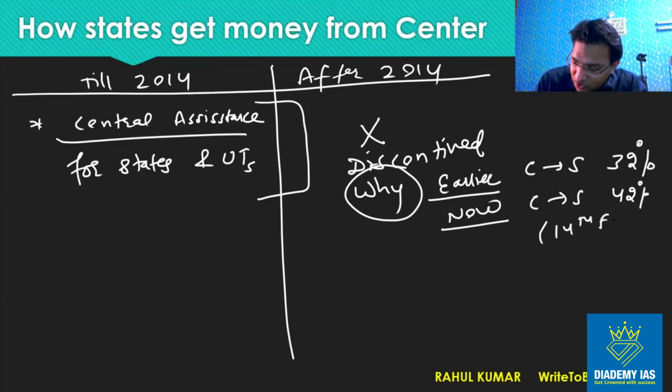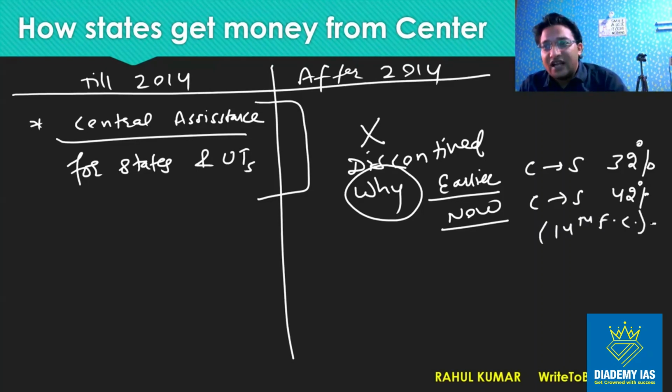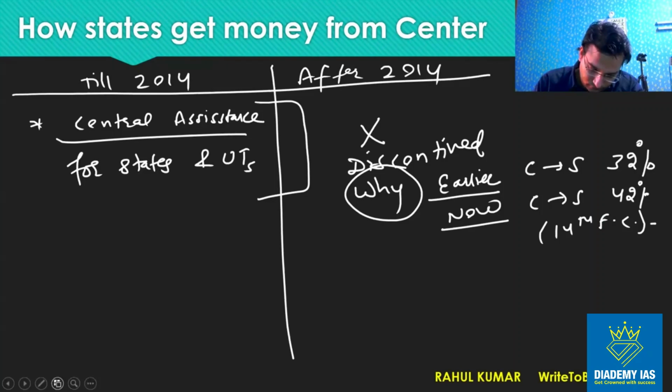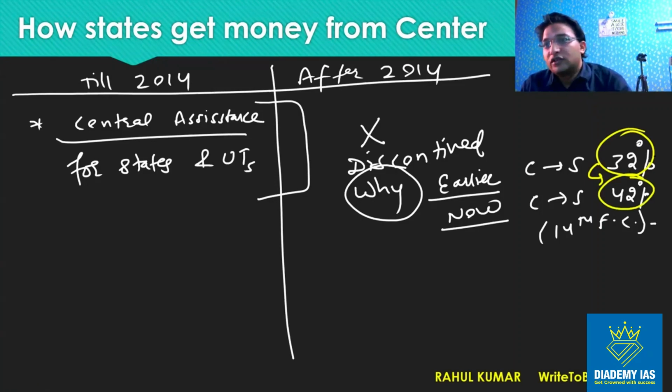So 14th Finance Commission has increased the share of states from 32%. So this share has been increased from 32% to 42%. So this is one reason why the central assistance has been discontinued.